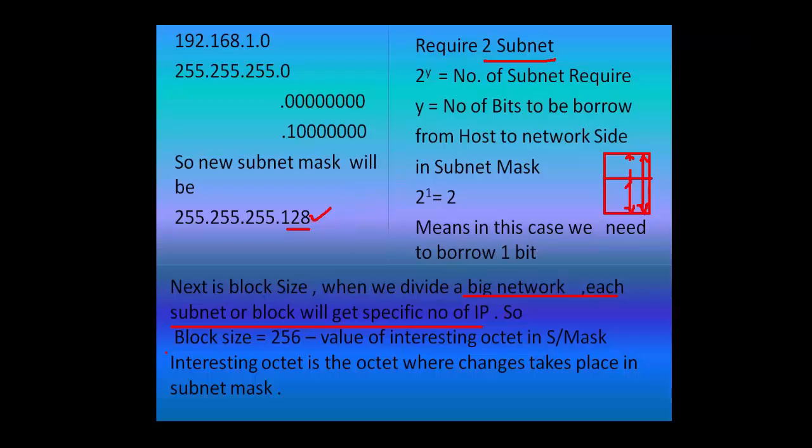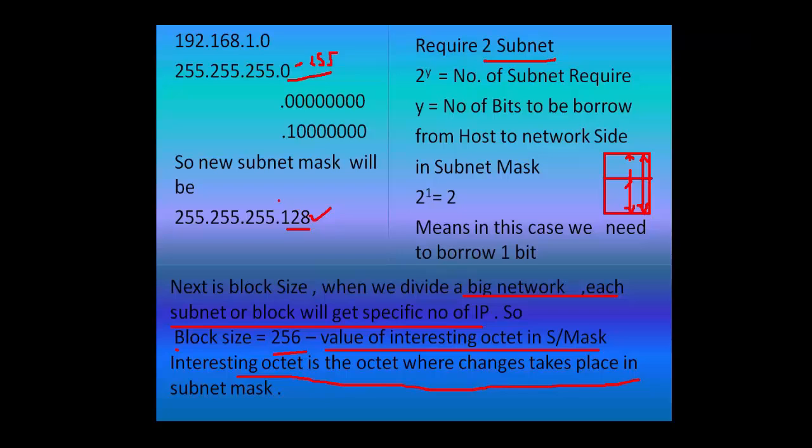So what will be the block size? Total IP in a block. The value varies from 0 to 255 maximum in an octet, so how many total? 256 values. So block size will be 256 minus the value of the interesting octet in a subnet mask. And the interesting octet is the octet where the change takes place in a subnet mask.